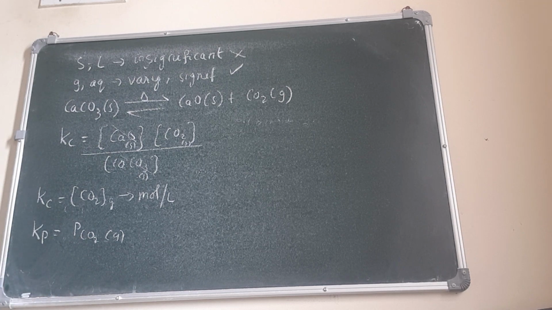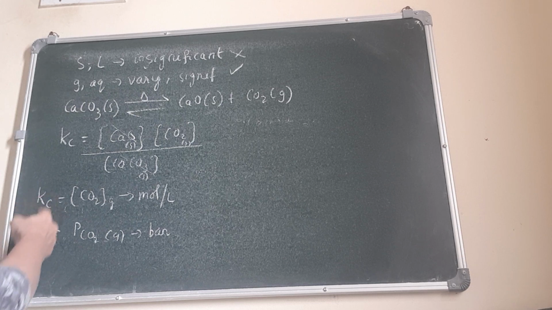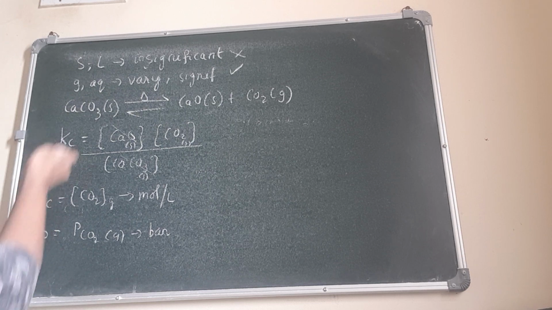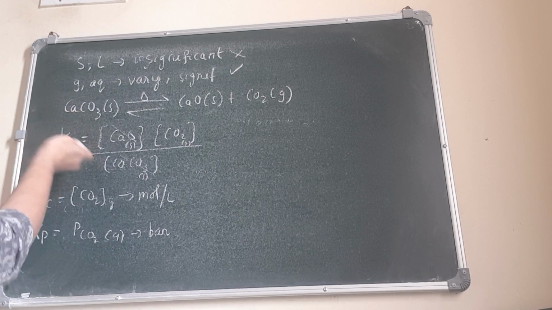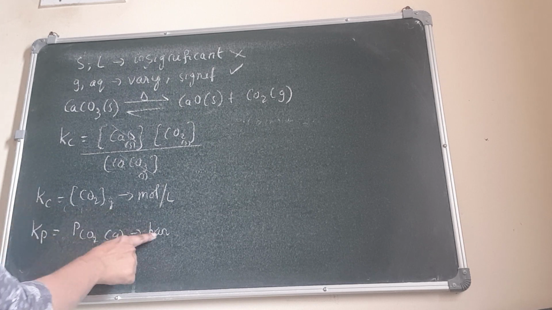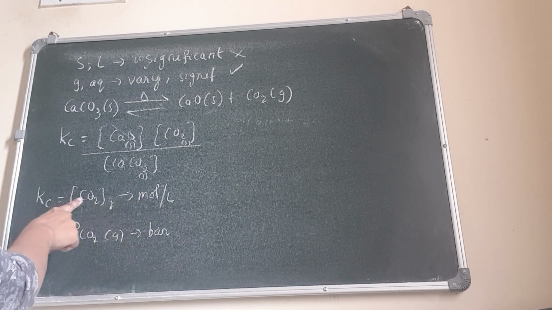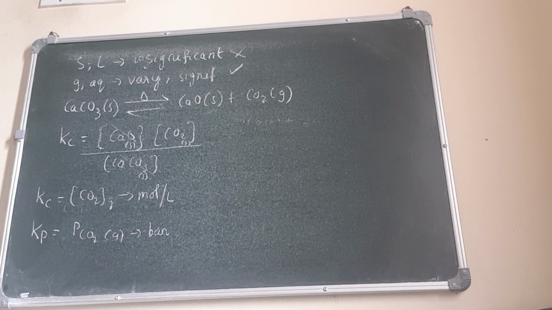And here it will be bar because it's a pressure. But they are constants, and the definition says it is the product of the concentration of something by concentration of something. So technically it should not have any units, they are dimensionless. But in this case we are getting some dimensions. If you calculate in terms of concentration, you are getting moles per liter. If you are calculating in terms of pressure, you are getting bar.